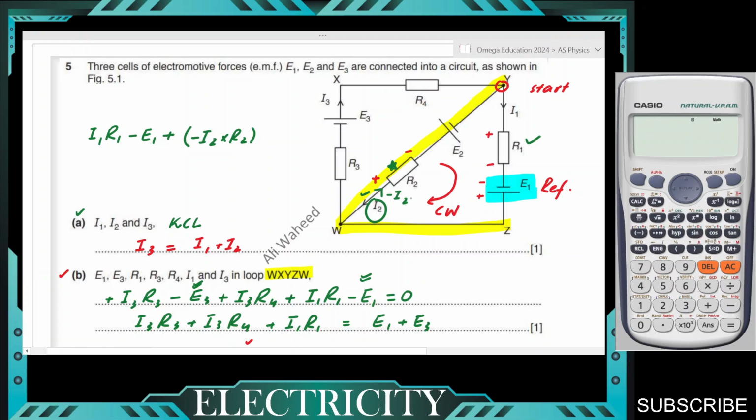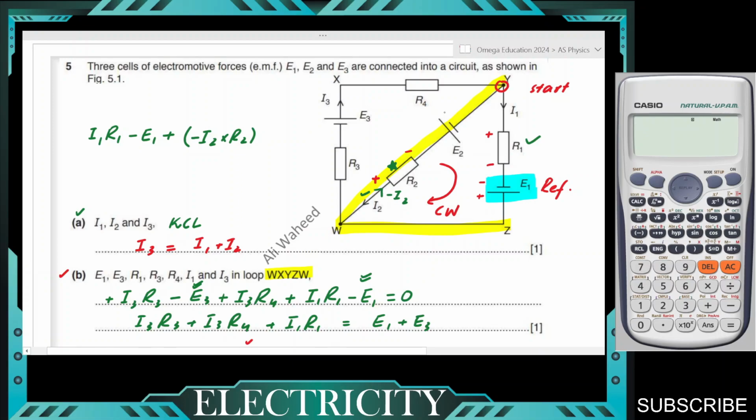So I2 would be replaced with minus I2, and this is then consistent with our direction of the loop. Once again, you'll be getting plenty of questions in which you'll have to reverse the direction of current, and hence you'll have to reverse the sign for the current, and this one minus I2 R2.